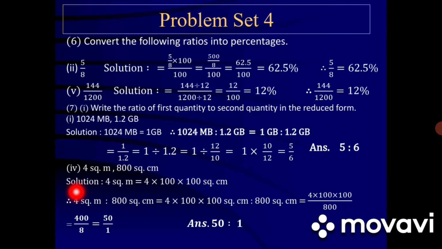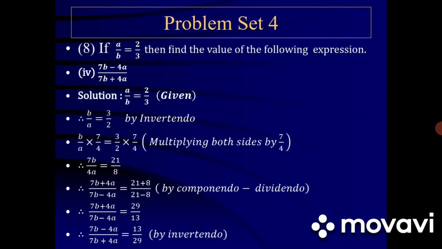Therefore 4 square meters is to 800 square centimeters is equal to 4 into 100 into 100 square centimeters is to 800 square centimeters, which is equal to 4 into 100 into 100 upon 800. This is equal to 400 upon 8, which is equal to 50 upon 1. Therefore, our answer is 50:1. Let us solve question 8.